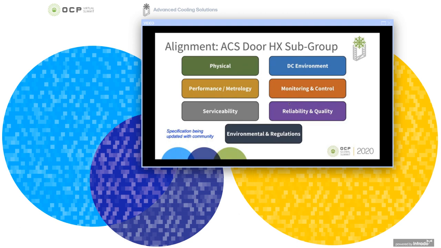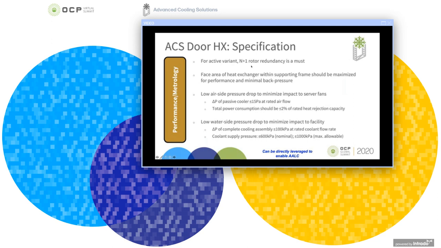Next, we will go over a couple of areas. From a performance and metrology standpoint, requirements have been outlined which conditionally apply to the type of door heat exchanger, whether it is a passive type or an active variant.